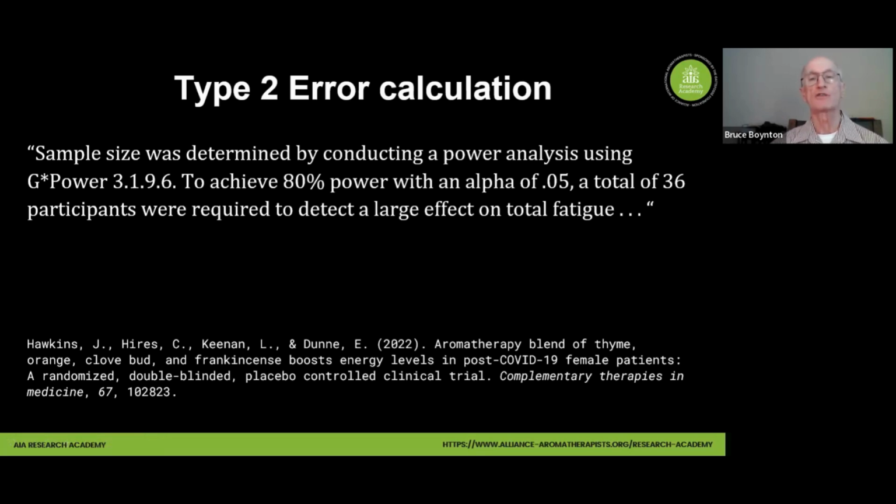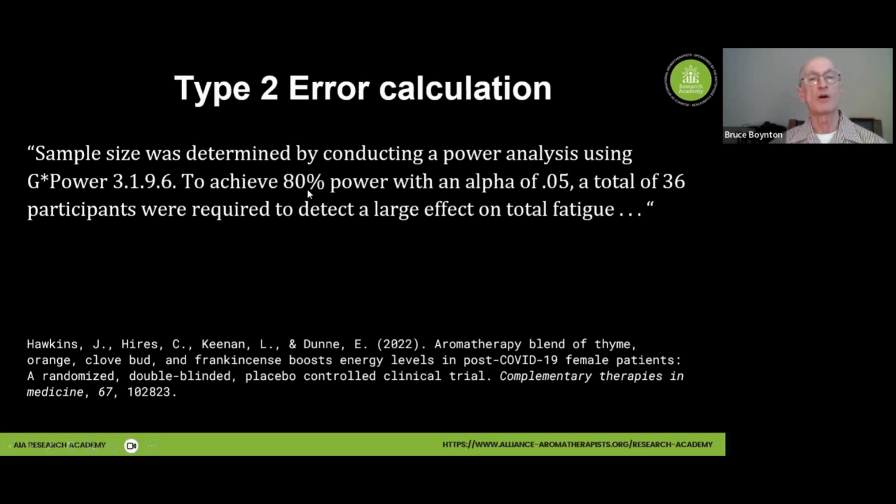A power analysis using, now this is just some app or some little program that figures out power for you, to achieve an 80% power, so that means 1 minus beta is 80%. That means the chance of making a type 2 error is 20%.